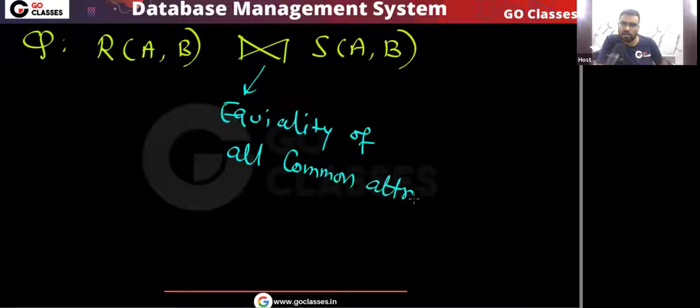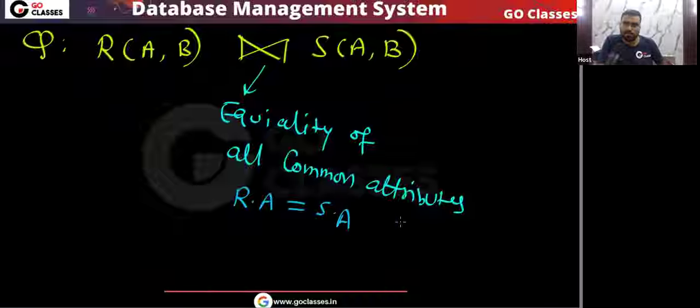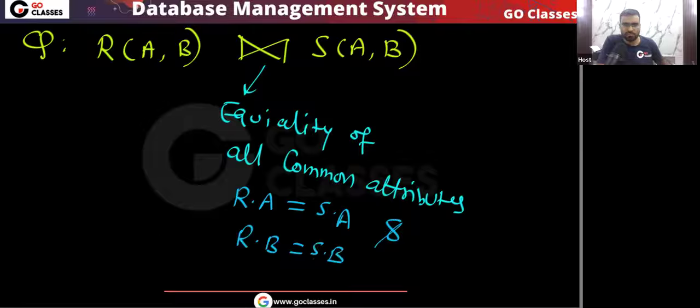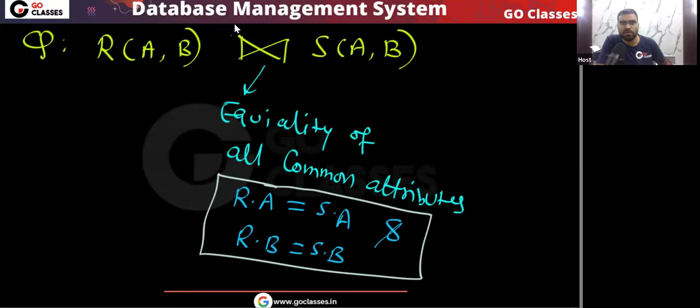That means R.A should be equal to S.A, and R.B should be equal to S.B. Correct. So here what will happen? Intersection, right? Yes or no? Intersection will happen. Basically, your answer will be the same as the intersection.